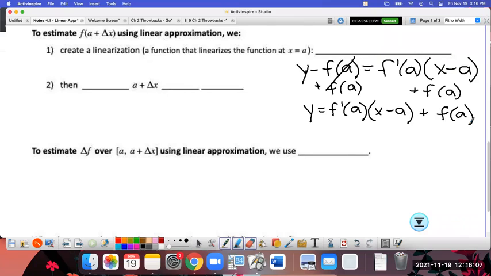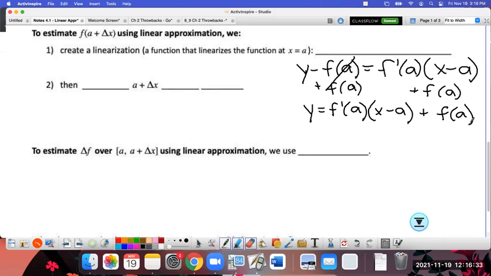Now, if we're using this tangent line to estimate a value later on, technically this is not going to be exactly equal to the actual value of the function. It should be close, but it's not going to be exactly equal. So what we're going to do is we're going to use a different variable. I'm not going to say y, I'm going to say L of x, because we're technically calling this a linearization.